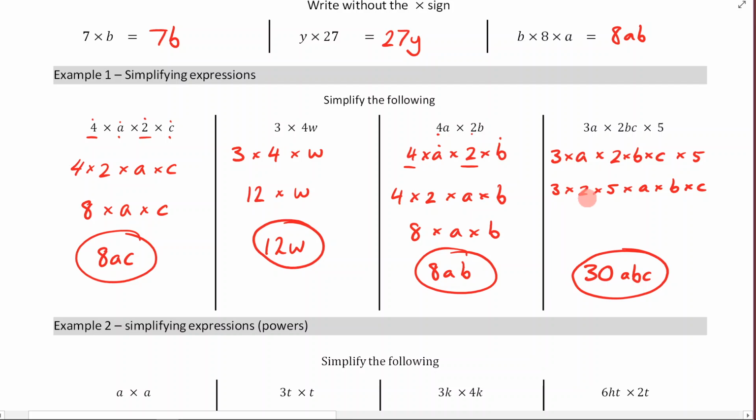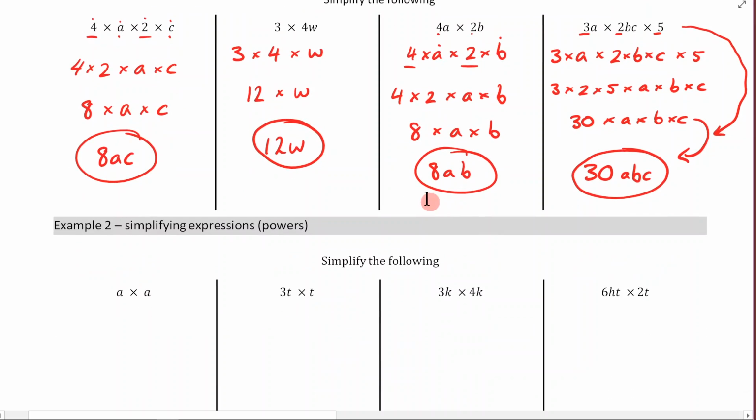Then you're going 3 times 2 is 6, times 5 is 30, times a times b times c, and then you go from there to there. But hopefully you can also appreciate that it's a lot quicker just going straight to the answer. You just have to realize that you multiply together the numbers, and then you multiply together the pronumerals.